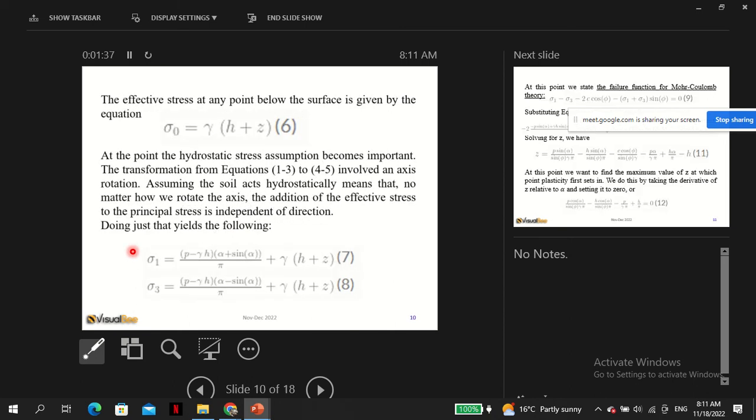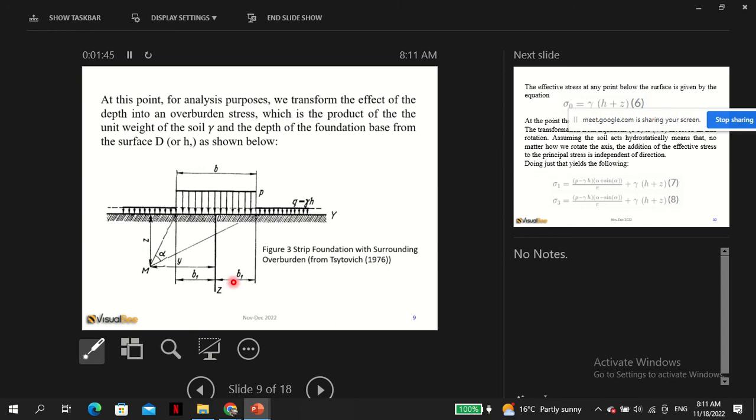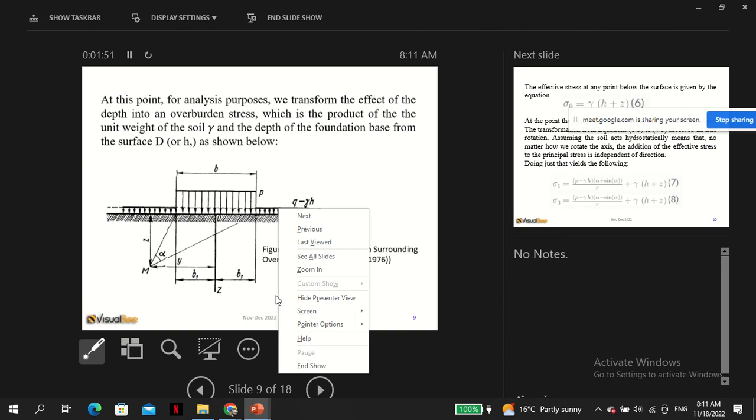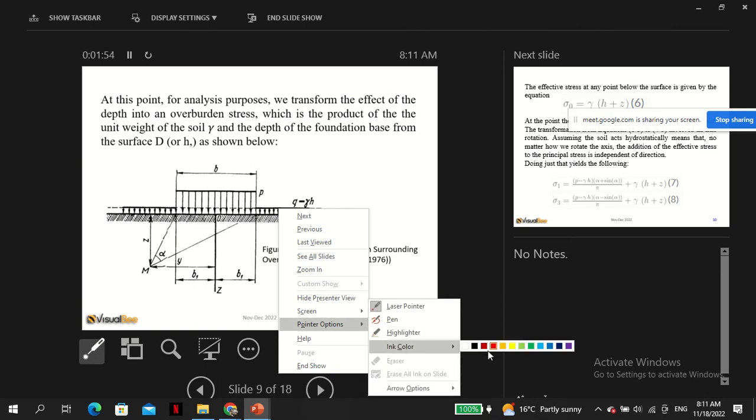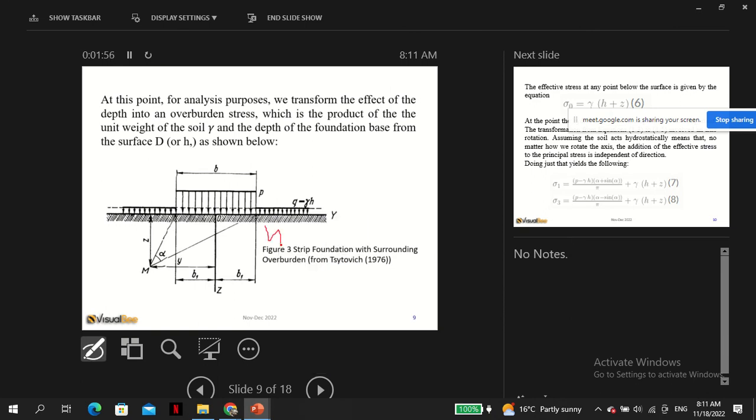So the effective stress at any point below the surface is given by sigma naught, which is gamma times height at the point. If this is height H, then the sigma naught would be H into gamma.